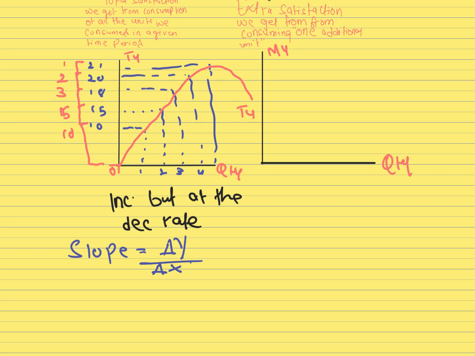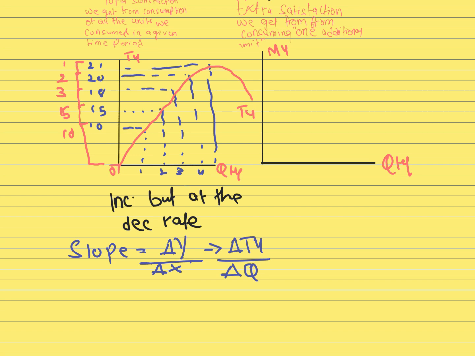If I try to write the formula of the slope of the total utility curve, it will look like this: the change in total utility over the change in quantity, because on the y-axis we have total utility and on the x-axis we have quantity. So the first formula, the formula of slope, will look like this when I put it in the context of TU.